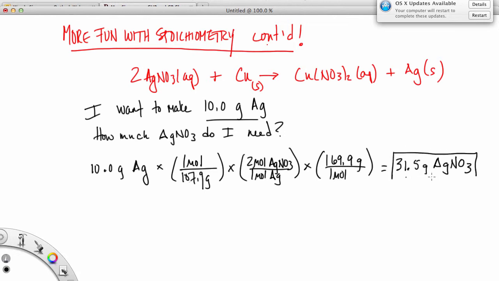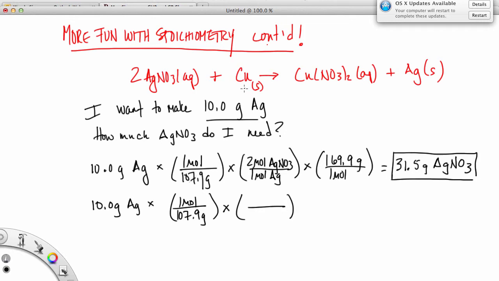Okay? How much copper would I need? We'd set up the problem the same way. 10 grams of silver, convert to moles. This time, I'm going to multiply by the mole ratio of copper to silver. This is a 1-to-1 ratio. 1 mole of copper for 1 mole of silver.